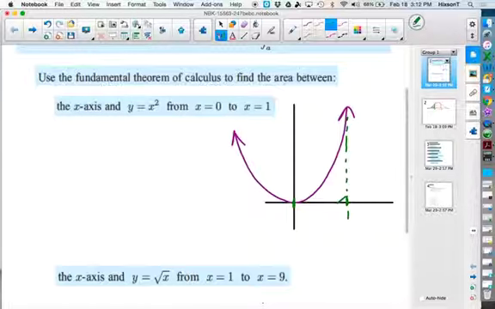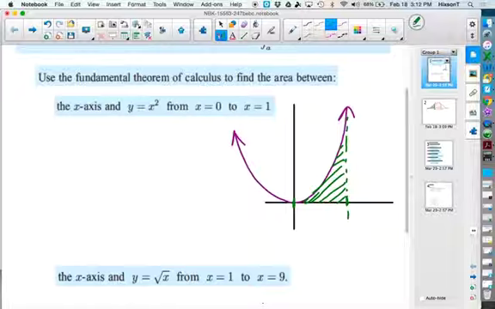A good habit to get into is to shade the area that you want. In fact, I've even seen IB questions where it says, here's an integral, shade the area that we're looking for.